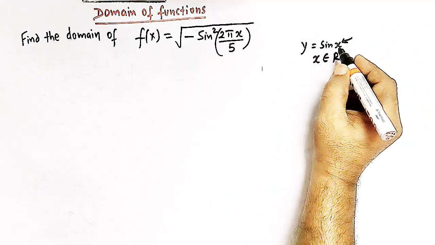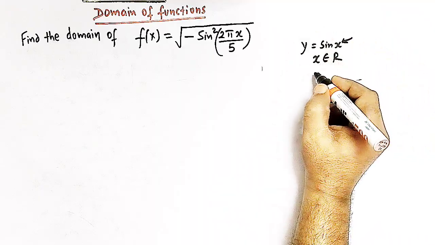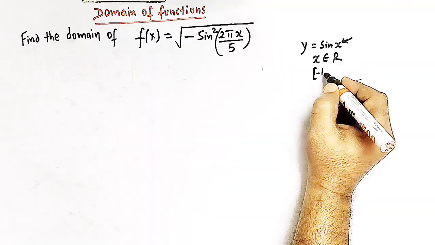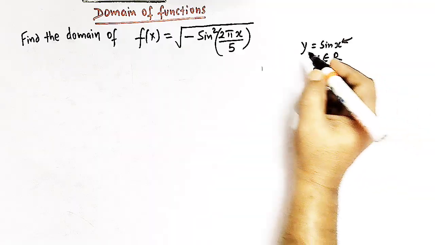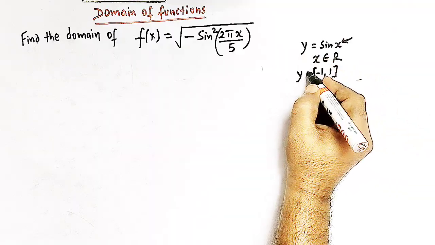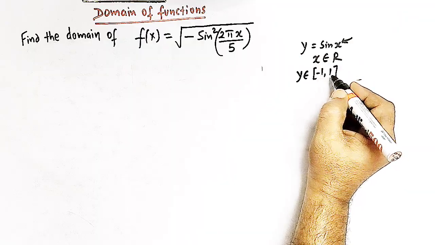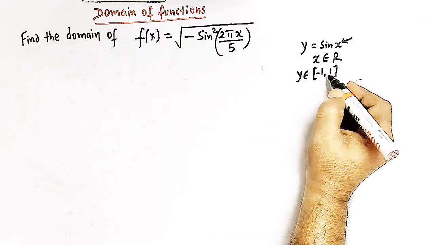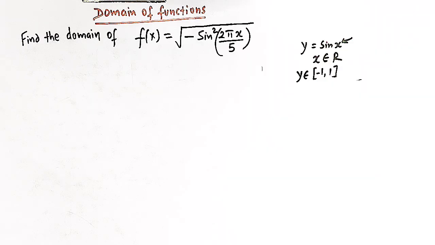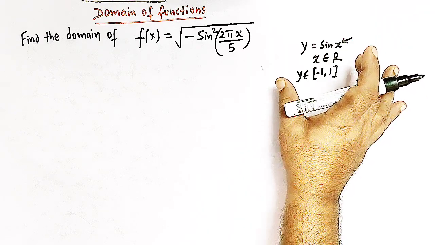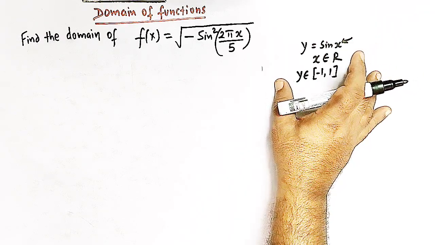And the range of the sine function is the interval from -1 to 1, that is y belongs to this closed interval from -1 to 1, where both the endpoints are also included, right? So here we are going to make use of this concept.